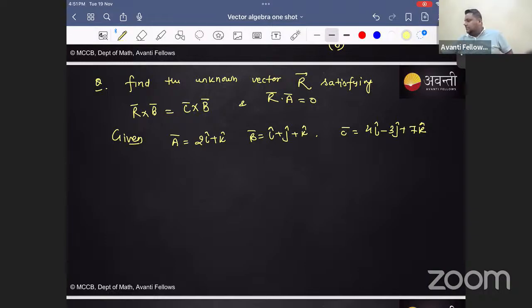This question keeps on coming in JEE very frequently in various forms.